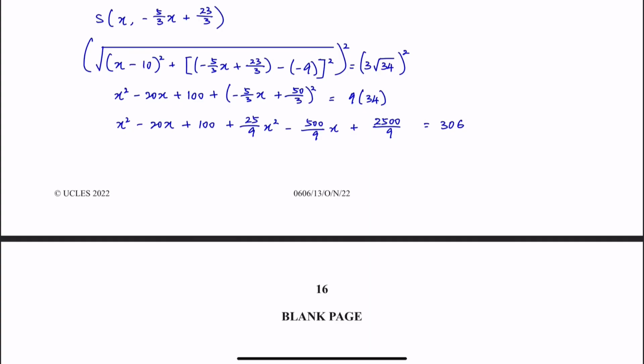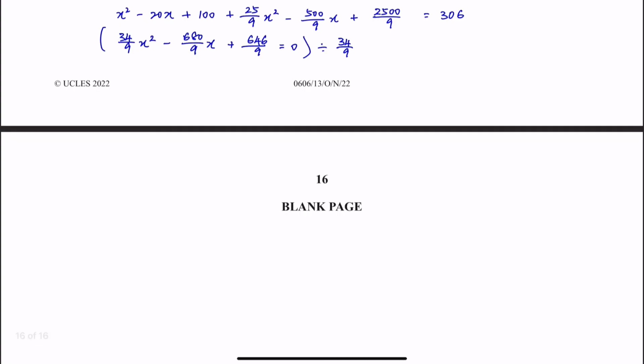And after simplifying it, we would get 34 over 9 x squared minus 680 over 9 x plus 646 over 9 equals 0. And we can divide the whole equation by 34 over 9. And we would just get x squared minus 20x plus 19 equals 0.